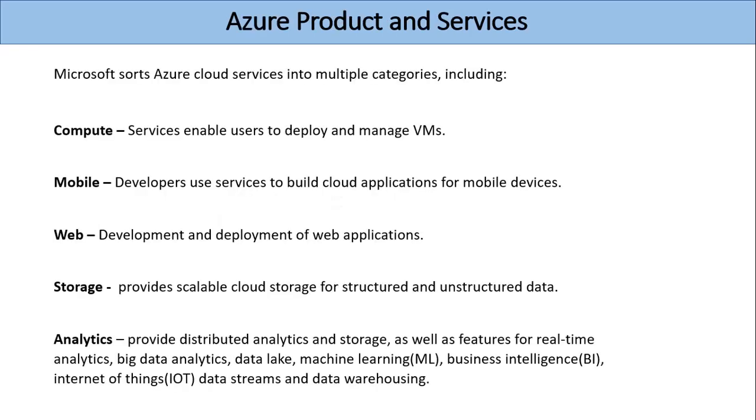So now, coming to Azure products and services, let's just cover here what all services it is providing. Further, we will be going into detail for each and every service. So majorly from the top, we are starting with compute as one service. These services help users to deploy and manage VMs, virtual machines. User can also run some batch jobs for regular work.